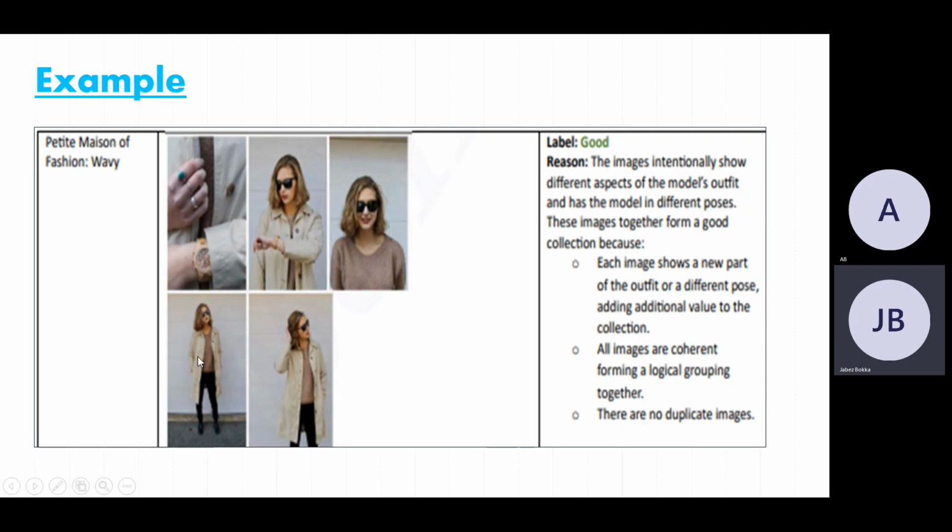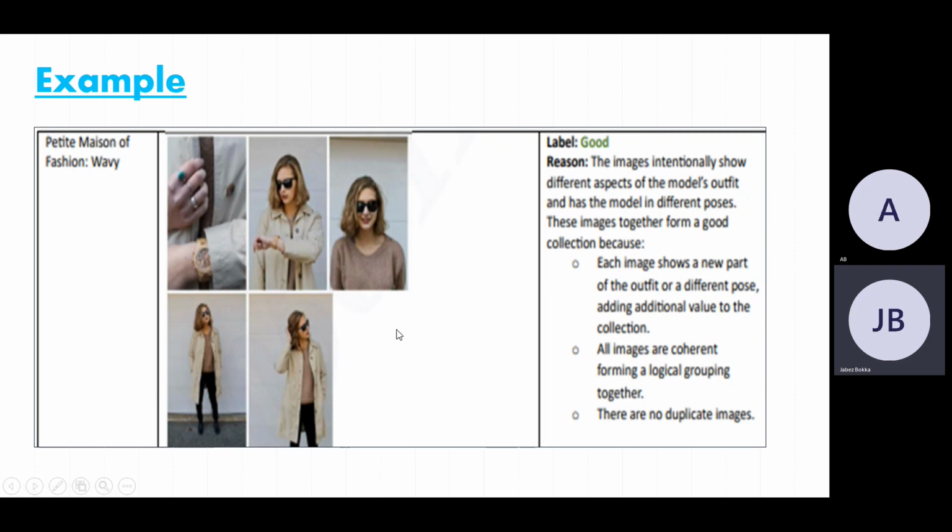The fourth image is focusing on all the costume, and the fifth image is focusing on a different pose, without shoes, but all the other items except shoes and watch we can find in this image.